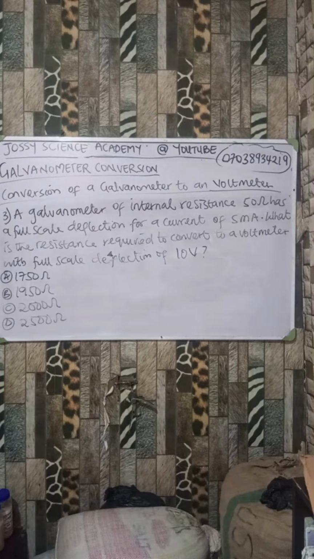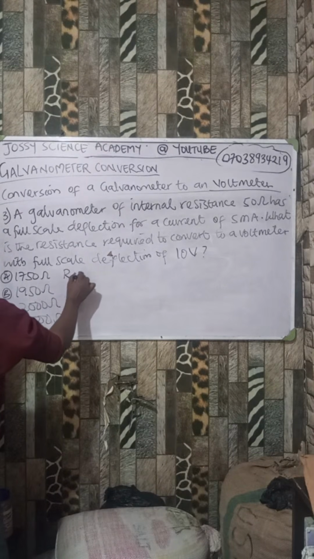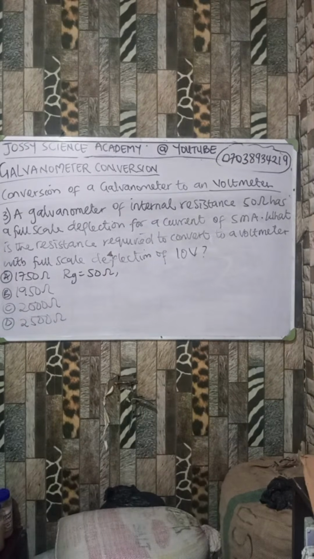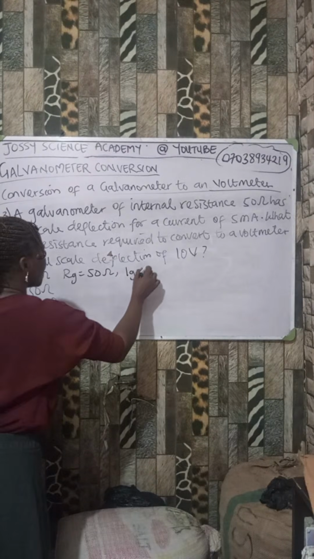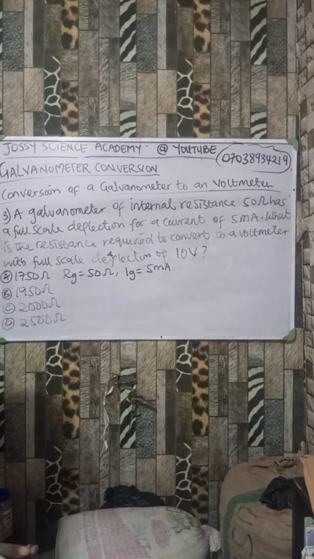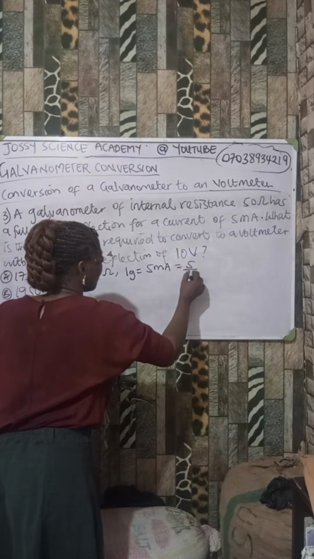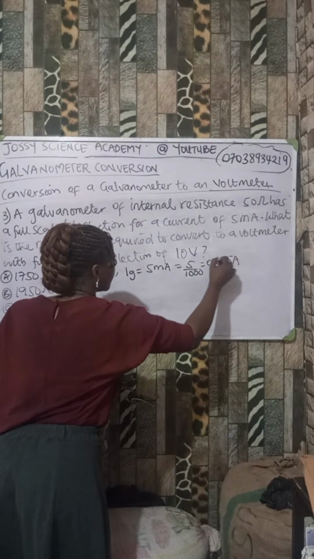A galvanometer of internal resistance 50 ohms. So the resistance of the galvanometer is 50 ohms. It has a full-scale deflection for a current of 5 milliamperes. Now, the current of the galvanometer is 5 milliamperes. We all know once you see milli what it means. We must convert, you must change. So this is 5 over 1000, which is 0.005 amperes.